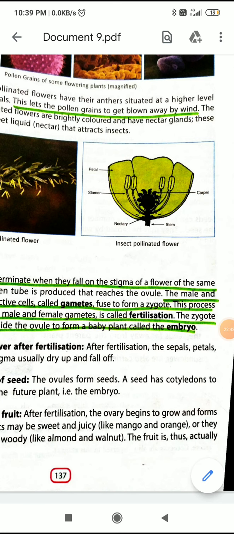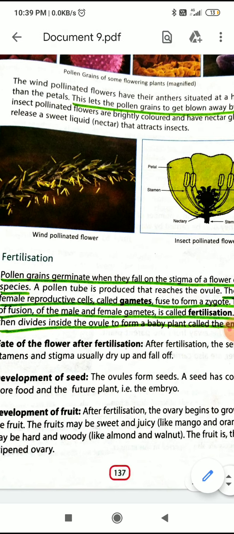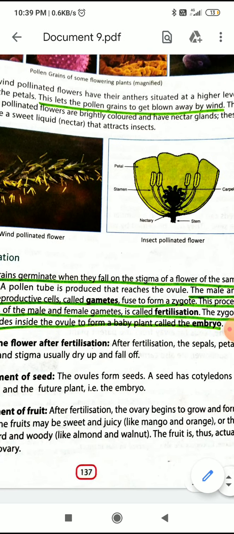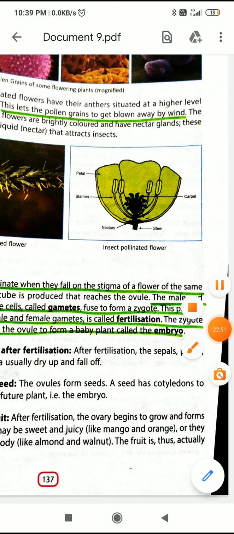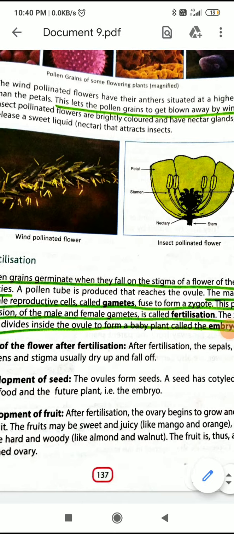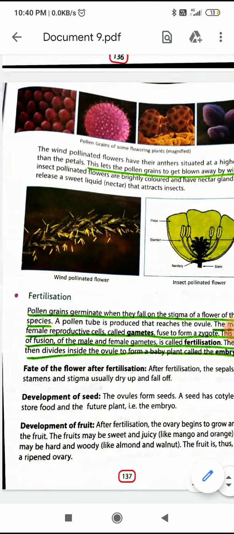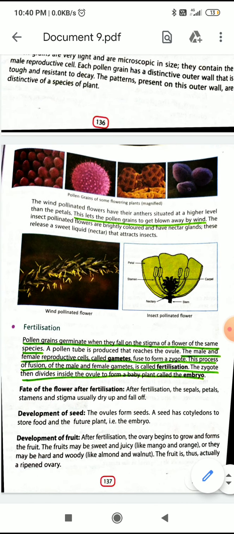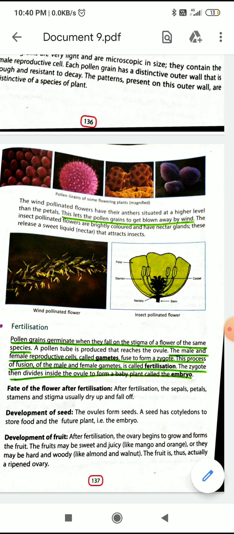Now these dark words are very, very important for you: the gametes fuse to form a zygote. This is the zygote. After that fusion of the male and female gamete inside the ovary, the process is called fertilization. So what is fertilization?